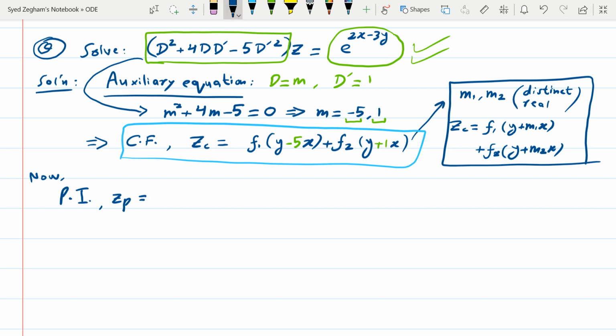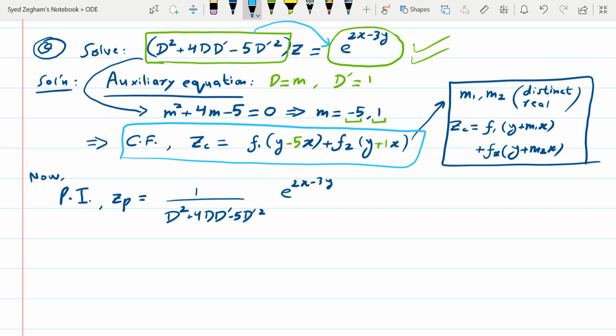Now, the particular integral will be 1 over d square plus 4 d d prime minus 5 d prime square operating on e to the power 2x minus 3y. Or in simple language, what we have done is just shifted this part to the right side, isn't it?